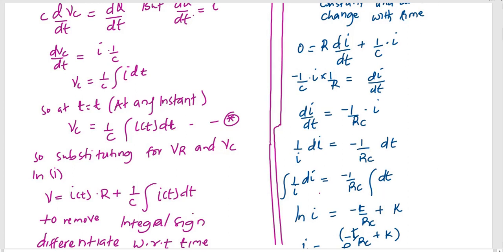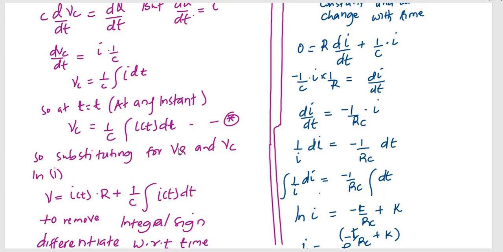Now, having understood that, we can also say at any instant, VC is equal to 1 over C integral of i(t) dt, because current is changing with time, and therefore we are giving it as a function of time.